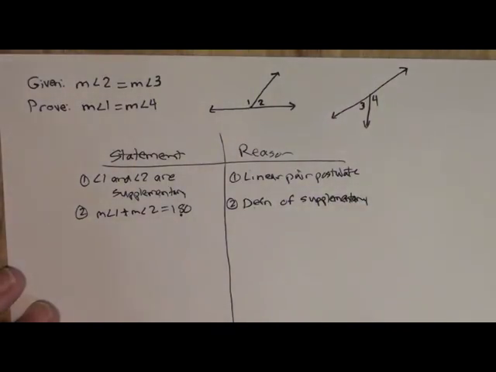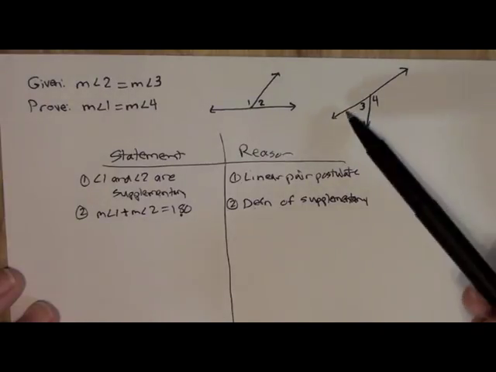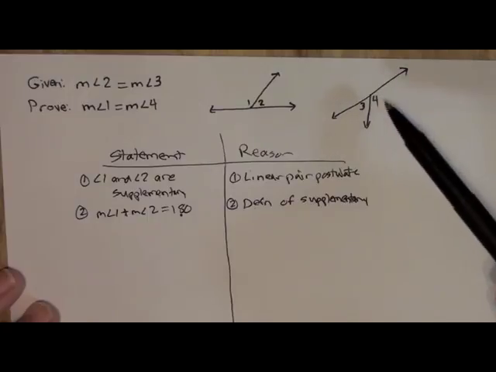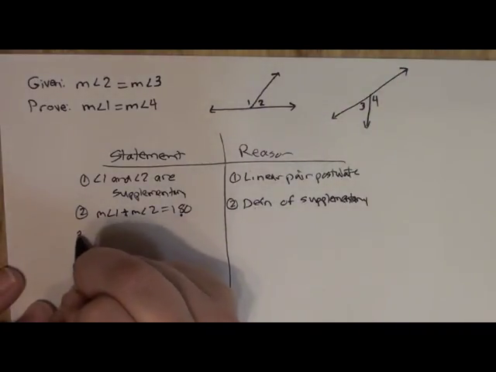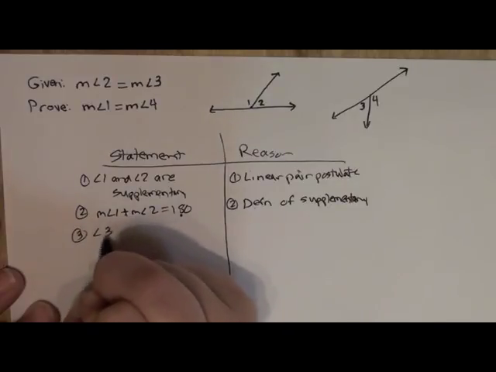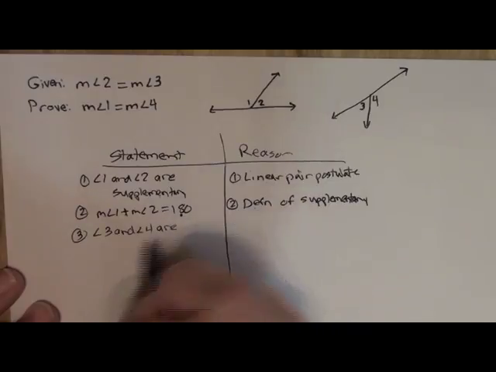Now that gives us something we can work with, but notice over here we have the same sort of thing going on. Angle 3 and angle 4 make a straight line, they make a linear pair, which means angle 3 and angle 4 are also supplementary.